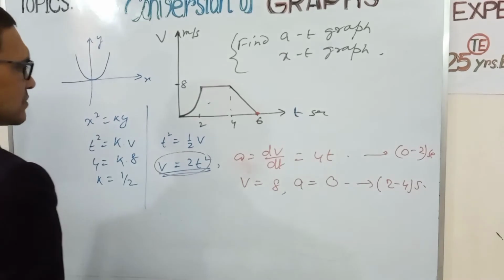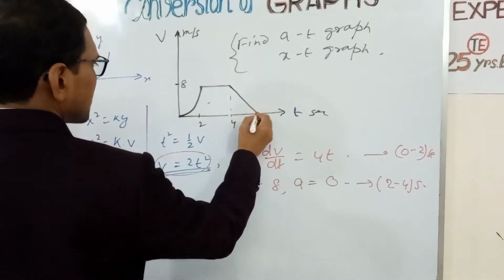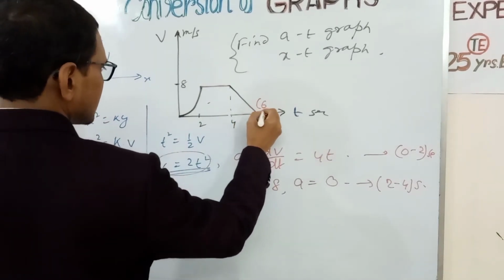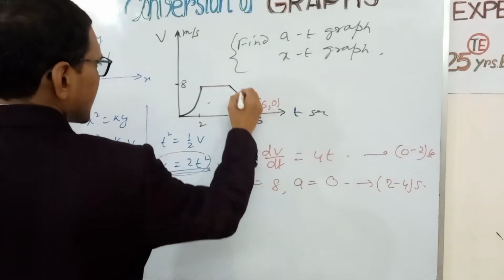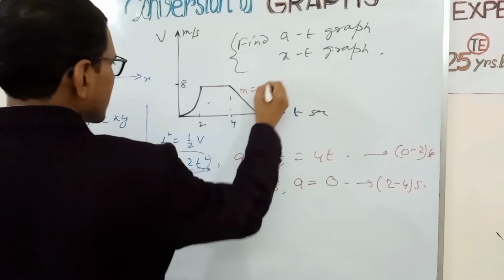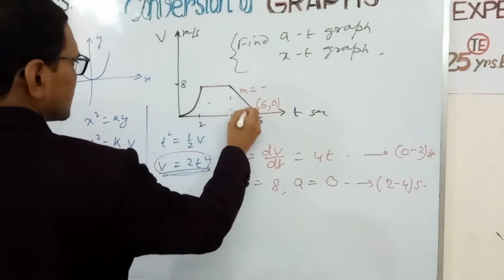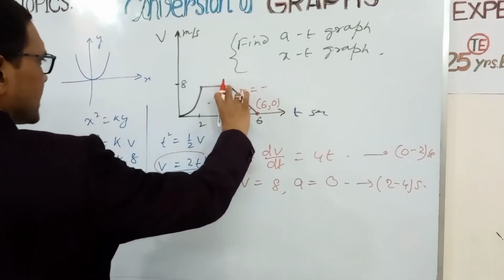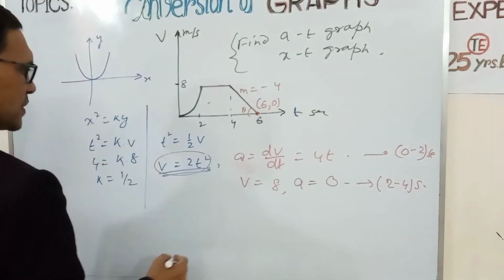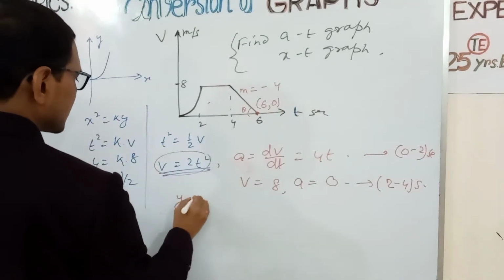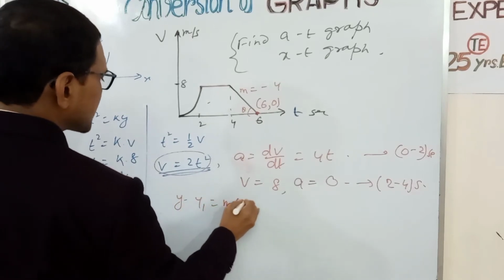Now for 4 to 6 seconds, what is the equation of v with t? This line passes through the point (6, 0), and the slope of this line m equal to minus tan theta, which is equal to 8 by 2, that is minus 4. So the equation of this line will be y minus y1 equal to m into x minus x1.